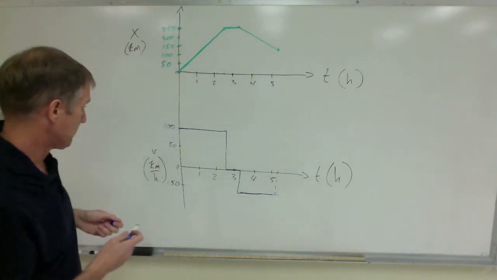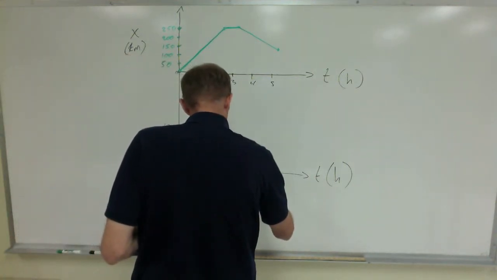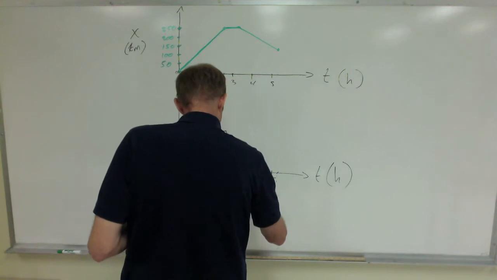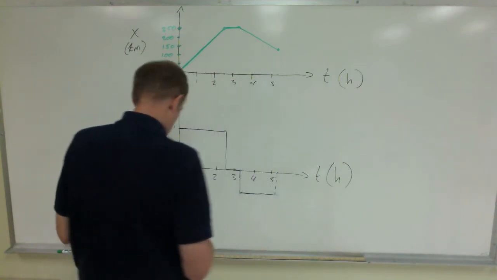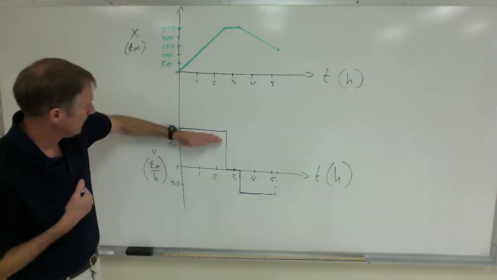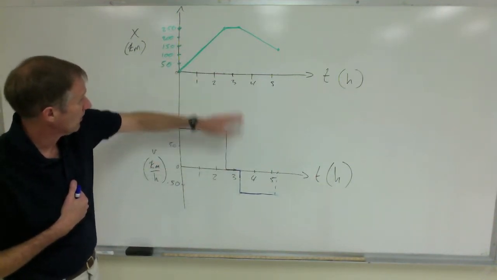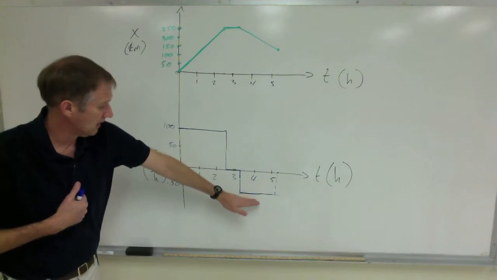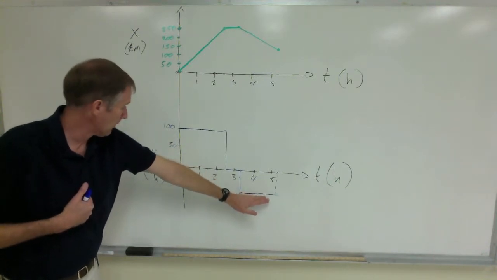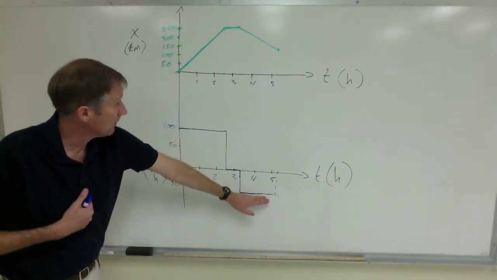And there you go. That didn't come out too well right there, did it? There you go. Constant 100 kilometers per hour for that first segment. Constant 0 kilometers per hour for when she's at rest. And constant negative 50 kilometers per hour for the third segment.